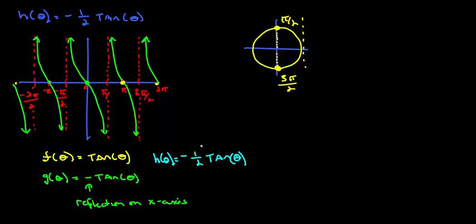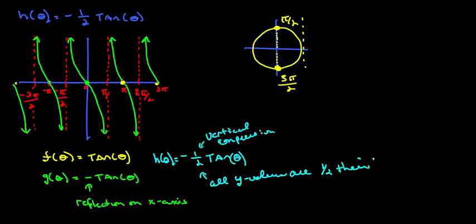Since it's on the outside, meaning it's happened after the function occurs to the theta value, this is going to be a vertical compression, meaning every y value, write that down, all y values are 1/2 their height.